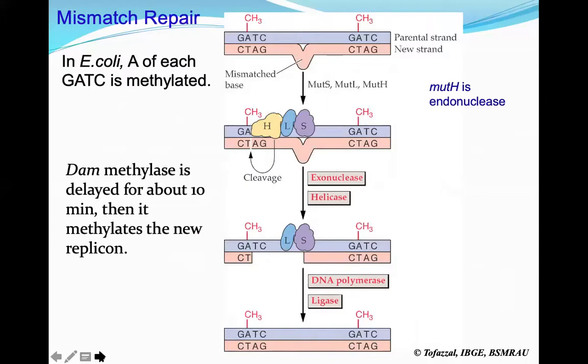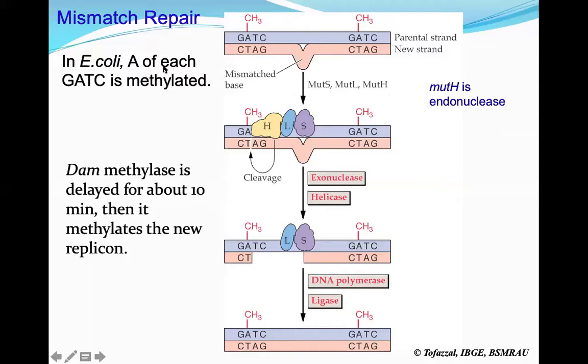We previously showed you base excision as well as nucleotide excision. Here you see the methylation taking place in the bases or DNA sequence, and these are the wrong ones. In that case, the mismatch base is detected by MutS, MutL, and MutH.